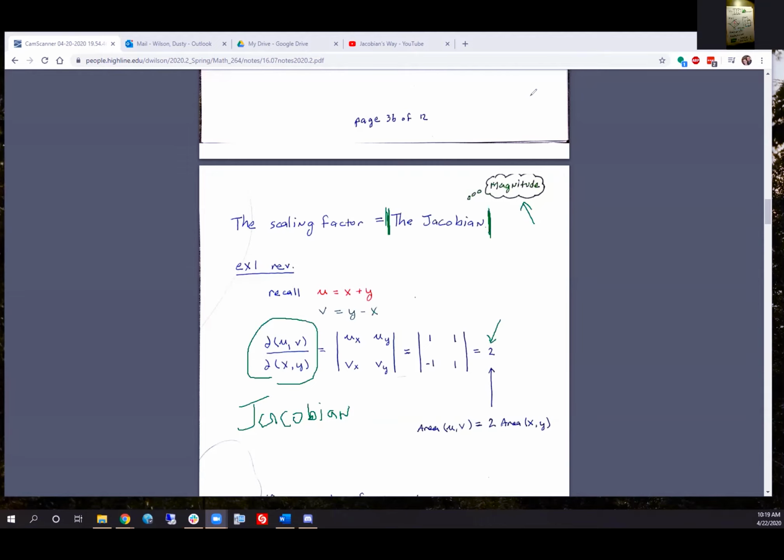A question. Go ahead, Melissa. So for the problems that we're doing, would we need to find it in both ways, like in terms of x and y and in terms of u and v, or is it just 2 different ways that you could do it? This is 2 different ways that you can do it. I'm just trying to show you the relationship between the 2. Oh, okay, thank you.